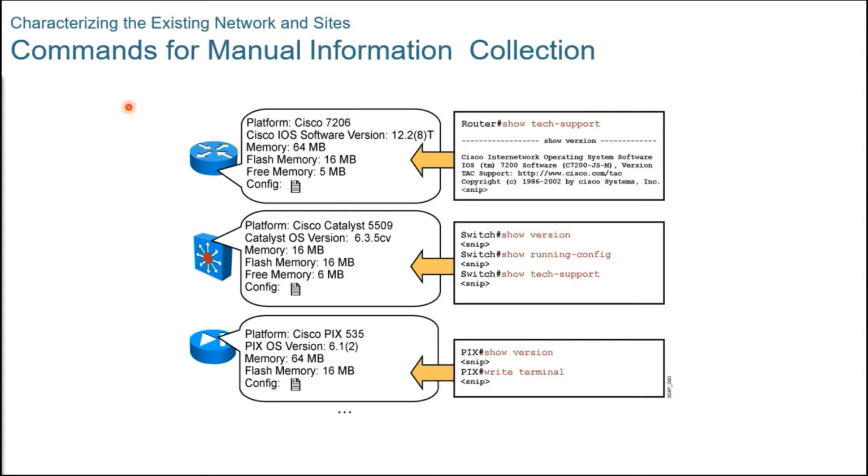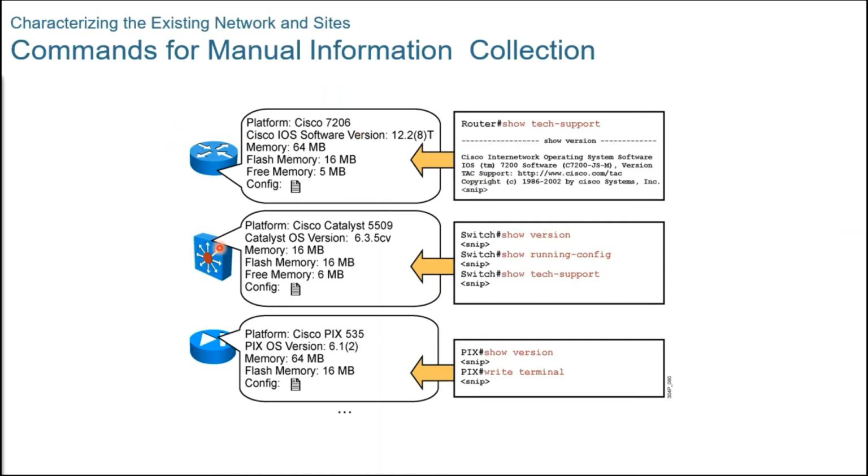Manual information collection example: commands for manual information collection. The auditing process can be performed manually on a relatively small network using various monitoring commands. The figure here illustrates three different types of network devices, the information to be collected, and commands that can be used to obtain it. On Cisco routers that run Cisco IOS software, there are show tech-support, show processes cpu, and show processes memory, so you can use those on Cisco devices.